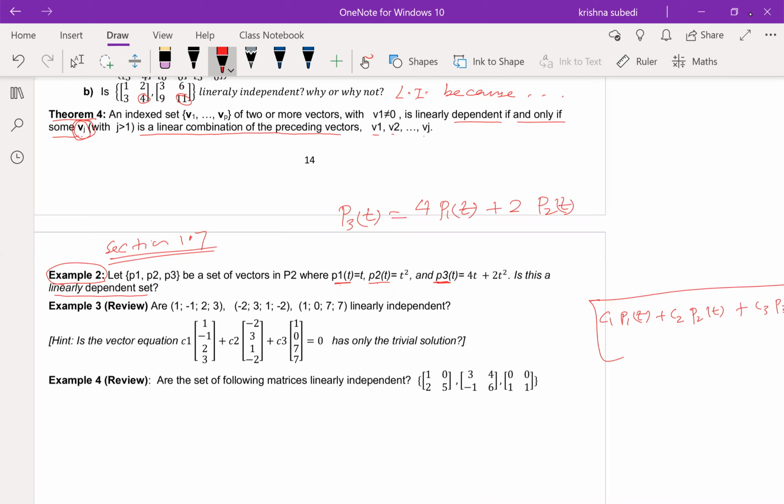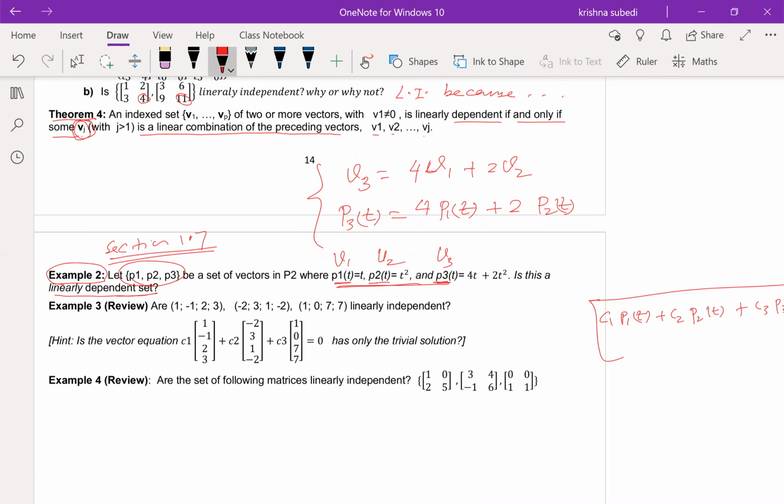Is that right? Yes, sir. This is your V1, this is your V2, and this is your V3. Now I can write V3 as a combination of the previous two, 4V1 plus 2V2. If I can write it that way, then the set is linearly dependent. So p1, p2, p3 is a linearly dependent set using theorem 4. Theorem 4 is telling us all about this. If you can express some of the vectors as a linear combination of the others, then the set is linearly dependent.